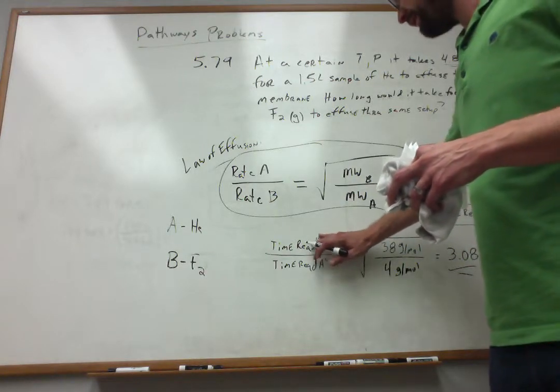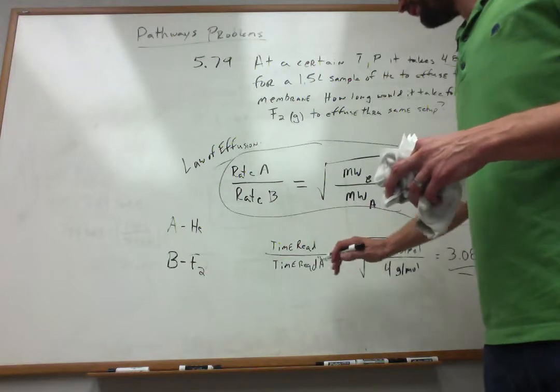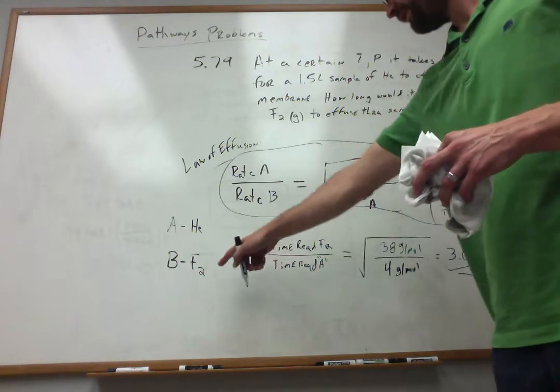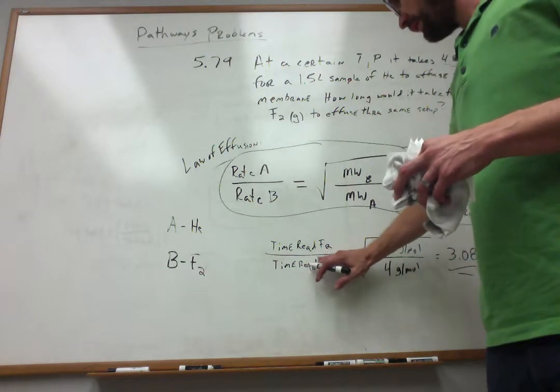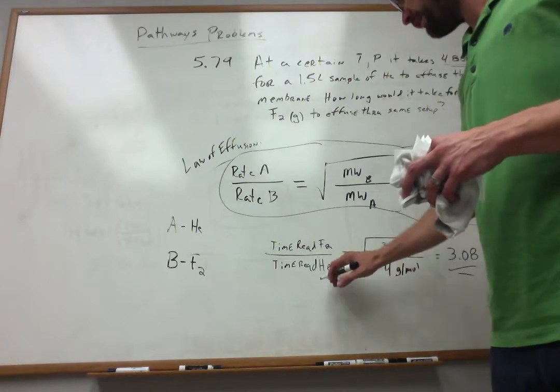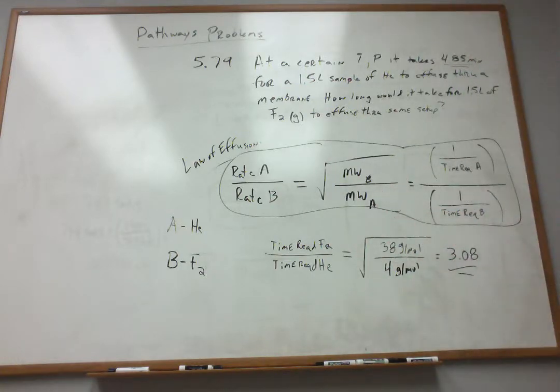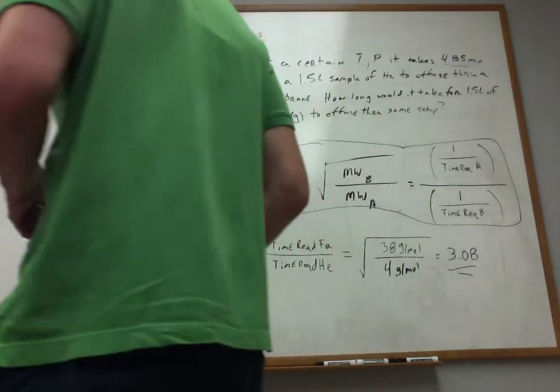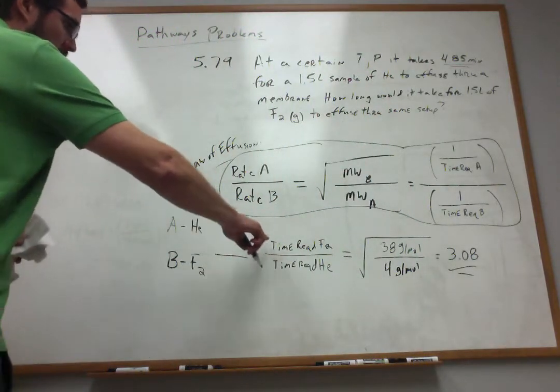Now, if I am being a little bit more specific, the time required for B, well, that's the time required for F2. The time required for A, well, that's the time required for He. Remember, those are the inverses of the rates, right? Time required. So that ratio has to be a little over 3. Do I know anything about how long was required for either of these?